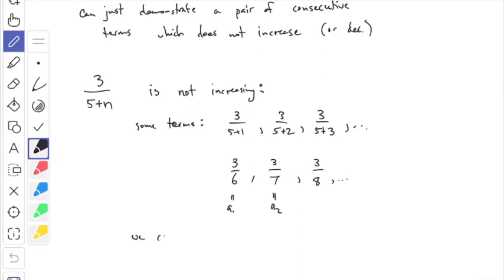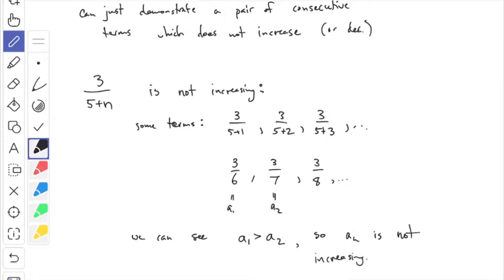We can see that a_1 is greater than a_2. a_1 is a half. a_2 is 3/7, which is a little bit less than a half, because a half of 7 is 3.5, right? So a_1 is bigger than a_2, so the sequence a_n is not increasing.